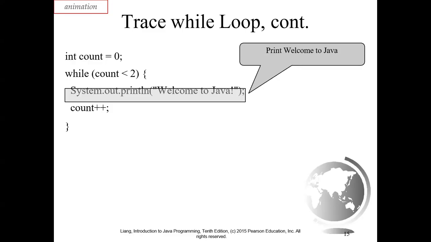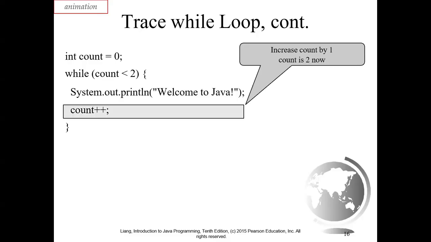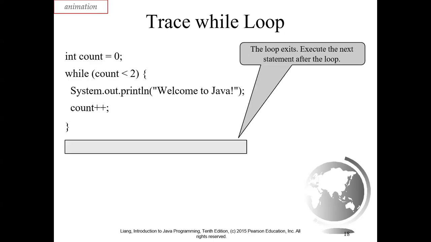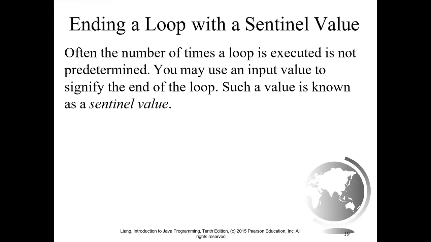So we continue the loop body, that is, print "Welcome to Java". And then count will increase by 1, and currently count is 2 now. And here the count is no longer smaller than 2, so we will break this while loop and execute the next statement after the while loop.